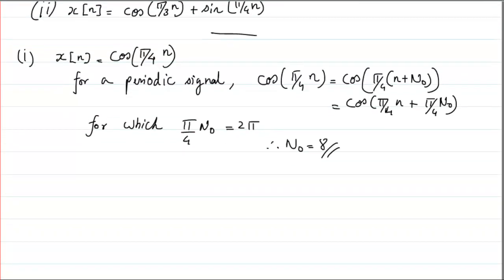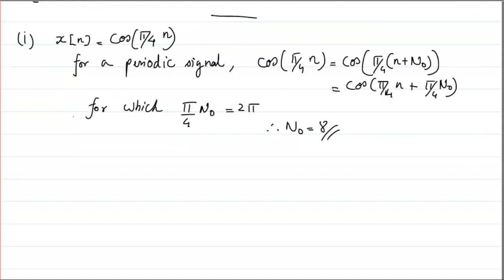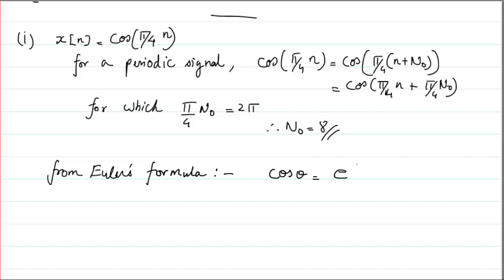I am going to show you that. We know from Euler's formula that cos theta can be written as e raised to power j theta plus e raised to power minus j theta, divided by 2.